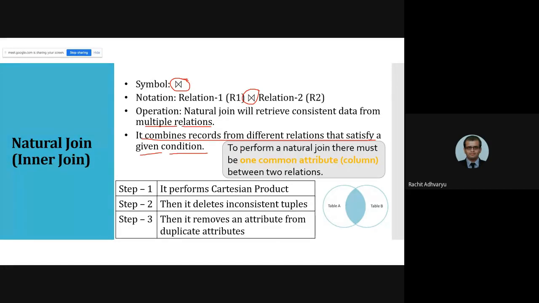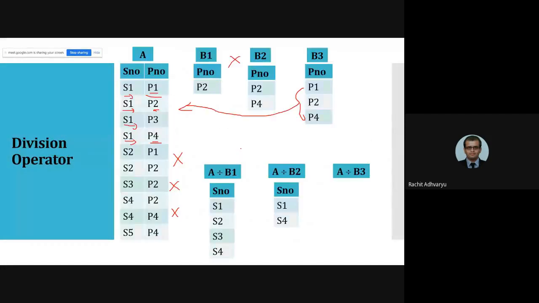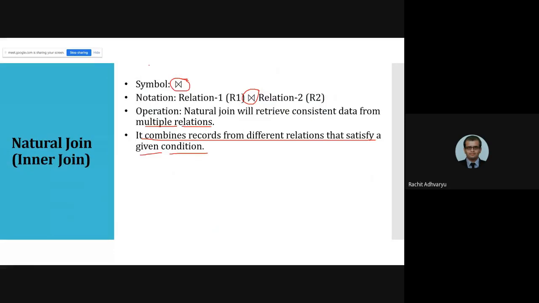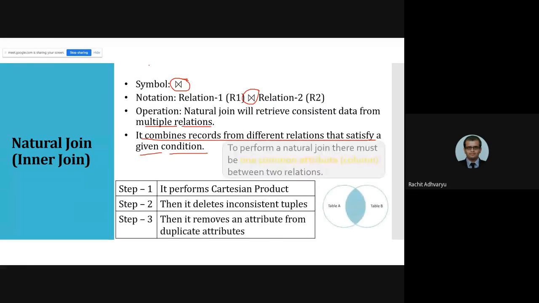As we said in the division operator, if you can remember, let me go to division. If I want to divide, there should be P and O in this A, then division is possible. Similarly, if two tables are different, there is no issue, but both the tables must have one column that will be common between both the tables.